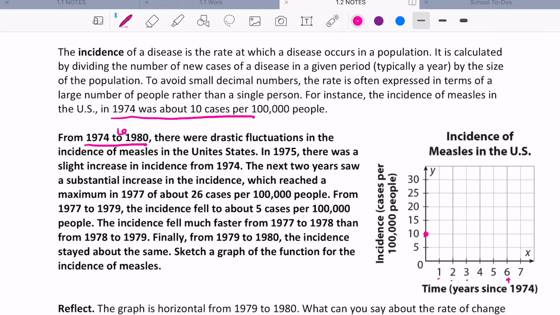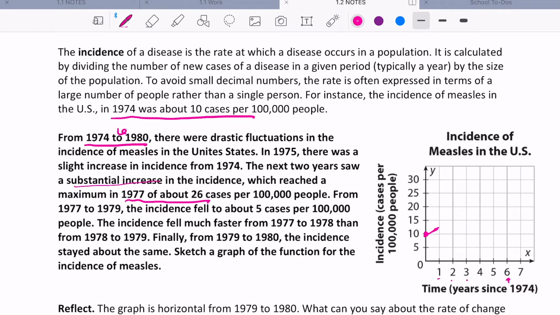That's our starting point. In 1975, there was a slight increase from 74. So slight means not that big, so we're going to draw a small line, right, with barely a slope to it. And then it says the next 2 years saw a substantial increase. That means that there is a big increase, which reached a maximum in 1977 of about 26 cases.